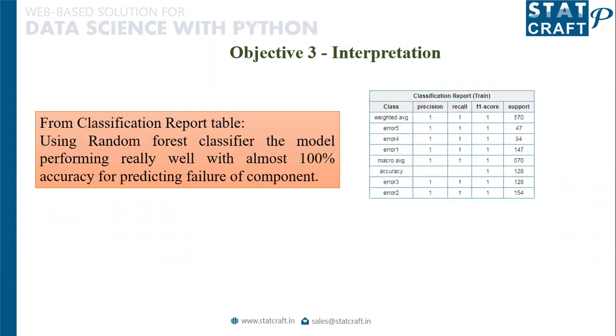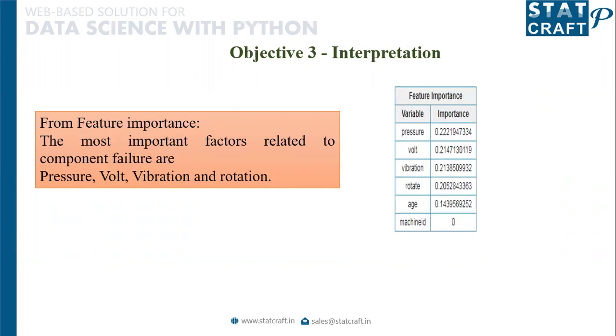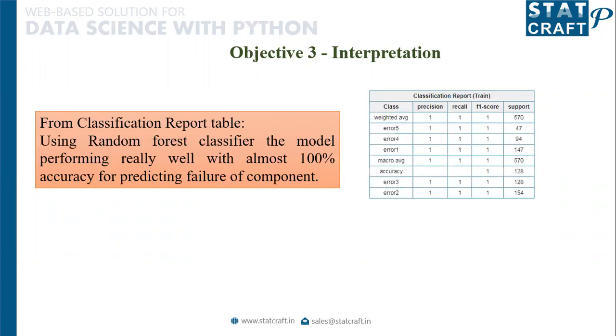Going further, you can see here, this table talks about the overall accuracy of the model. The earlier table was all about the feature importance, where we identified which are the most important factors related to component failure. We said pressure, voltage, and vibration are the most important factors. Here we are talking about the overall accuracy.